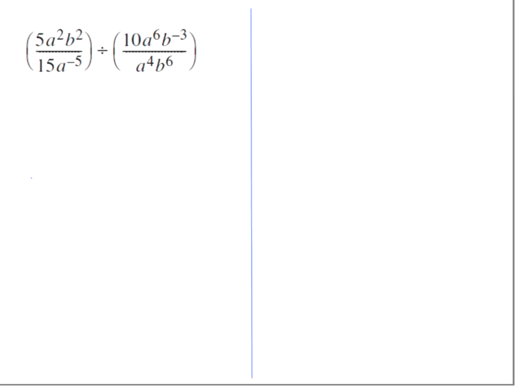You could just work on the screen and try and tell me what you would do to solve this question. Try to simplify this expression, then simplify that expression, then think what you do instead of division, and so on. Would you like to do it on the screen? Just click on the pen symbol and use the screen space and do it. So Michaela on the left and Shana on the right.